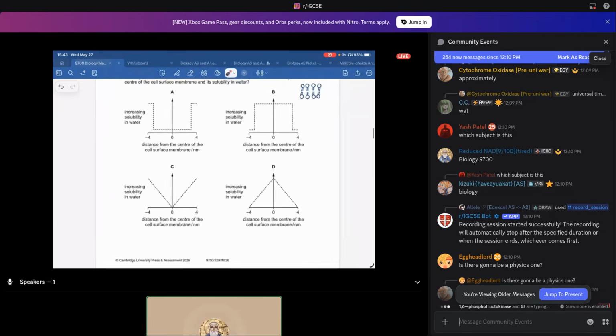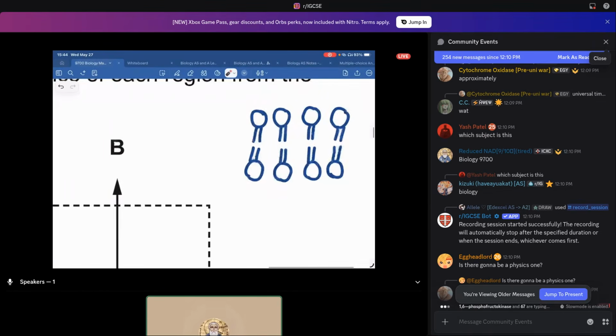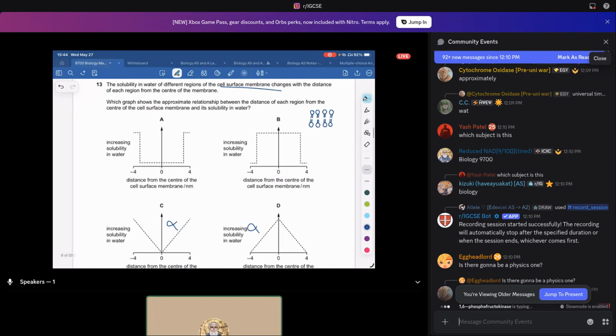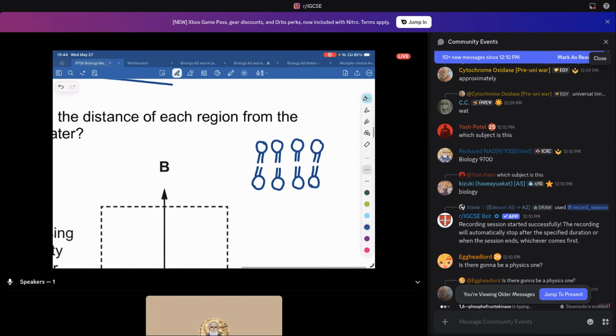Solubility being hydrophilic regions. Now, one of the things we can immediately eliminate is C and D, because what is the difference between here and here? They're both parts of the fatty acid chain. They're both hydrophobic. So immediately, if there's any gradient, C and D are wrong. Now, is it A or B?